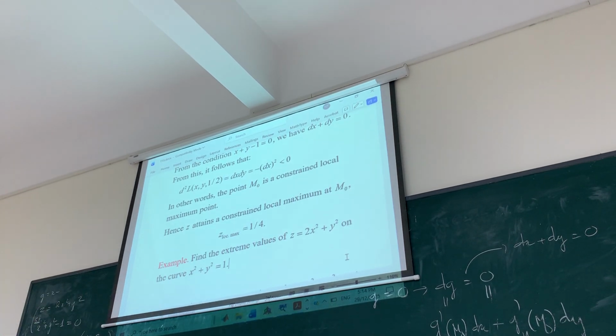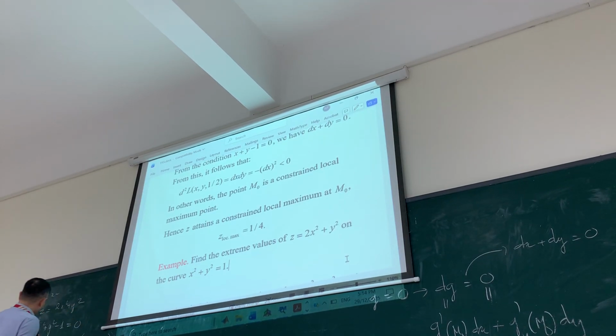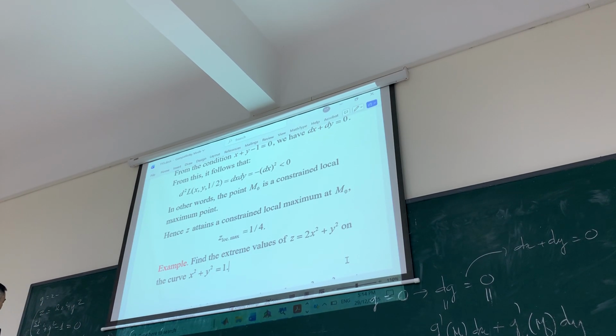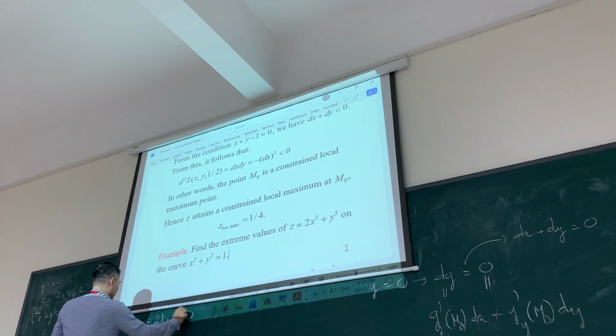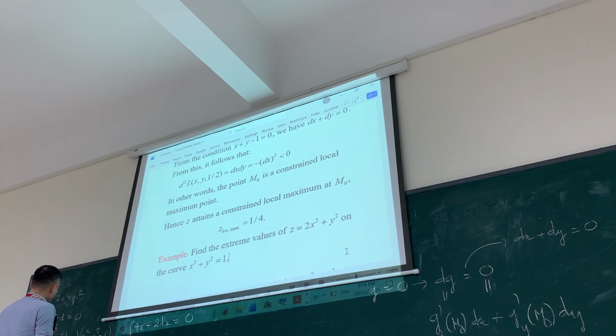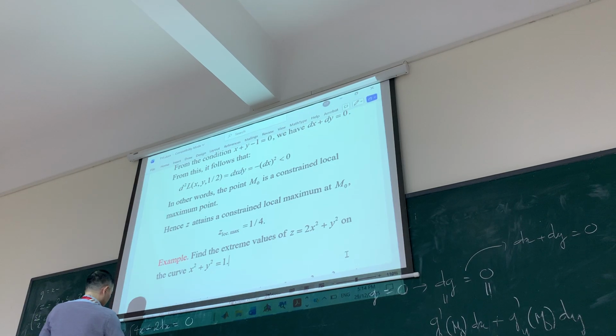We need to solve the system. F prime with respect to x: 2x minus 2 lambda x equals 0. With respect to y: 2y minus 2 lambda y equals 0.